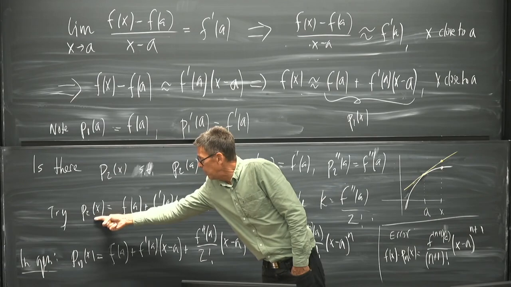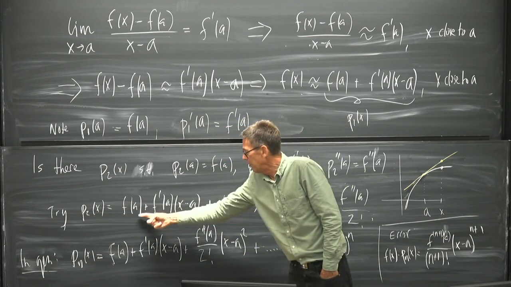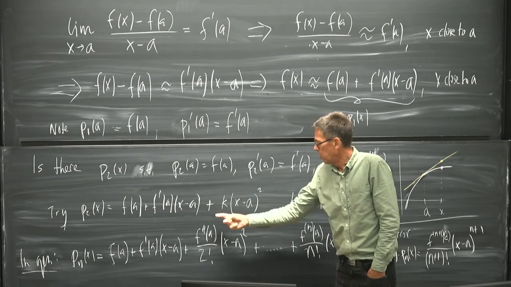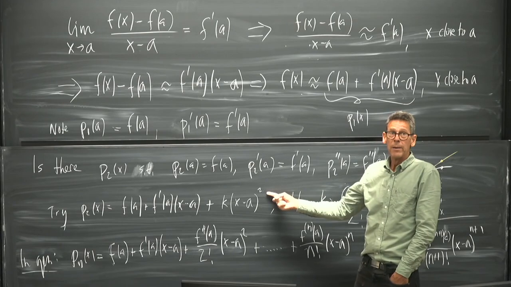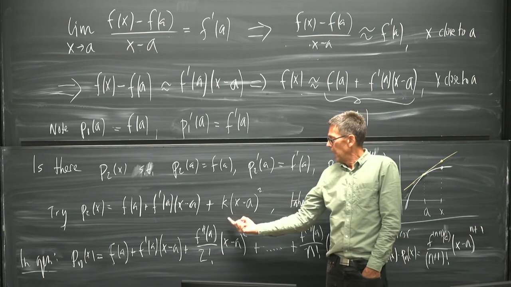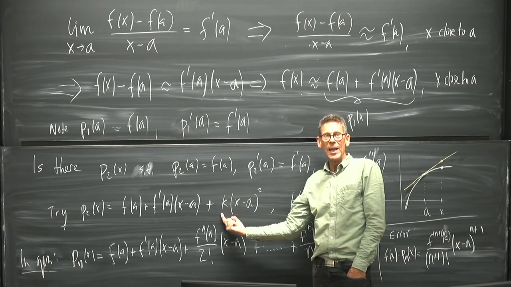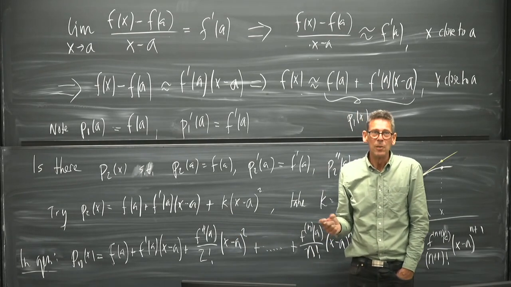Let's try P2 of x equal to, here's P1, right? f of A plus f prime of A times (x minus A) plus some number k times (x minus A) squared. And we're hoping that we could choose this number k in order for the second derivative to be matched as well.